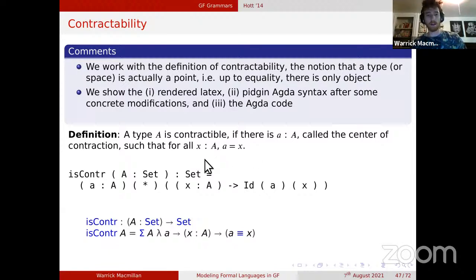And this is how you say it in cubical TT. So you say that it's a predicate to say a type is contractible. So you say it's a mapping from sets to sets. And given any A, it's basically the property that you have an element of A, and this is the sigma notation, or it's just a dependent pair. So you can say, and a proof that for any A, it's equal to X. And this is a more classy looking AGDA version of that.